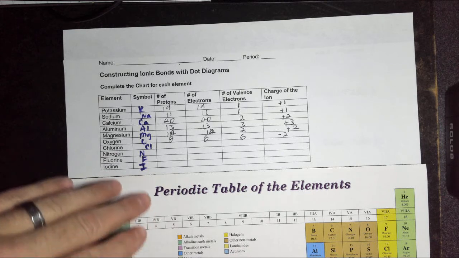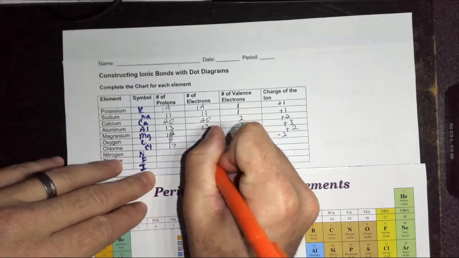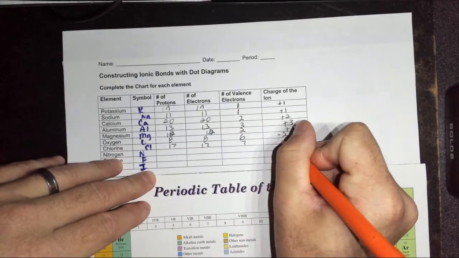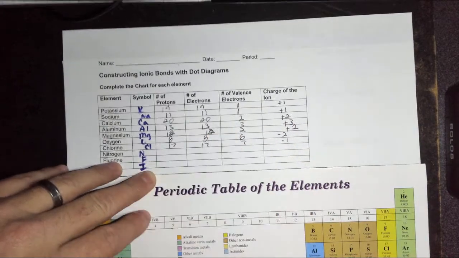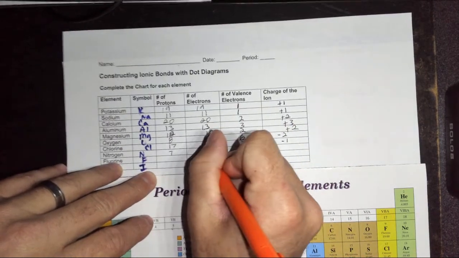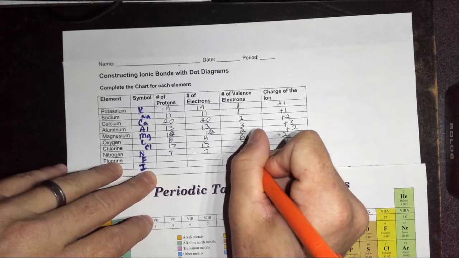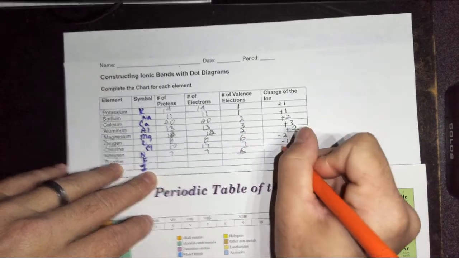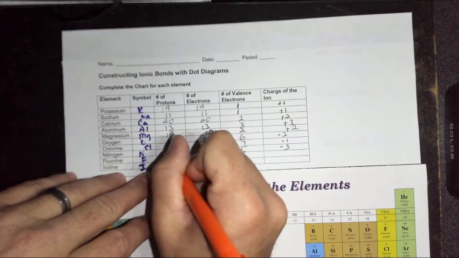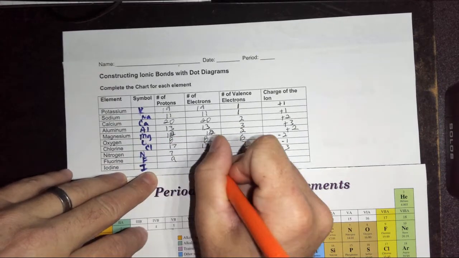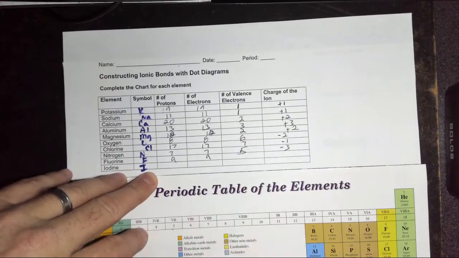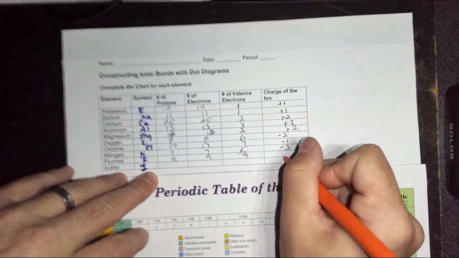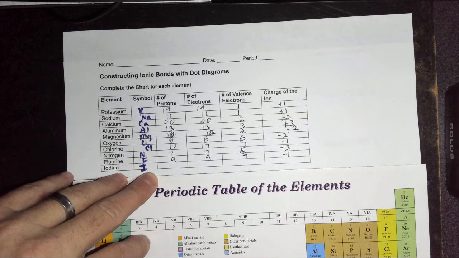So then chlorine has 17, 17, 7, so it's a -1. Nitrogen is 7, 7. It has 5 valence electrons, so it's a -3. Fluorine is 9, 9, 7, -1.